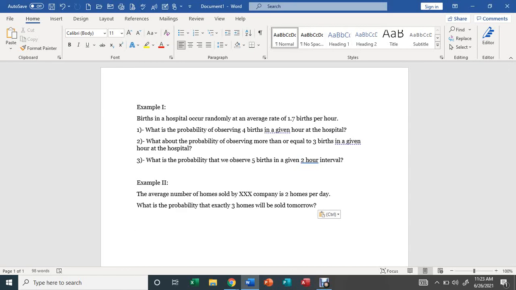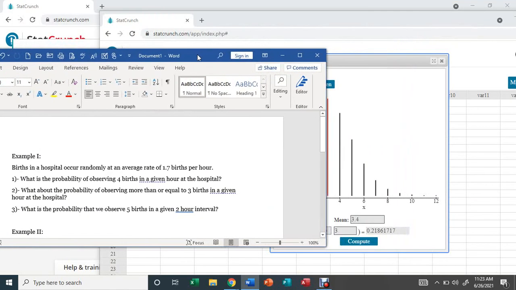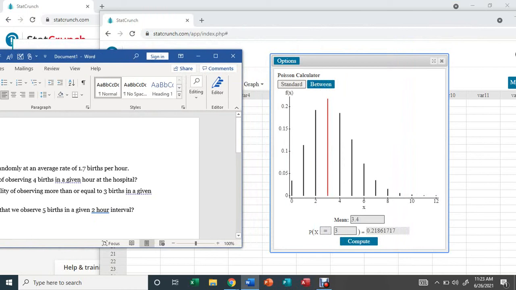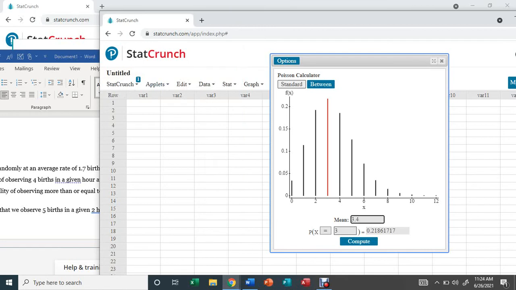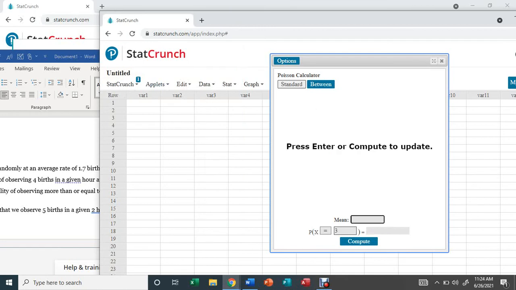Same thing, we go to StatCrunch, and the company sold an average of 2 homes per day. So that's the mean, or the parameter of the Poisson distribution. And what is the probability that the company will sell exactly 3 homes tomorrow?